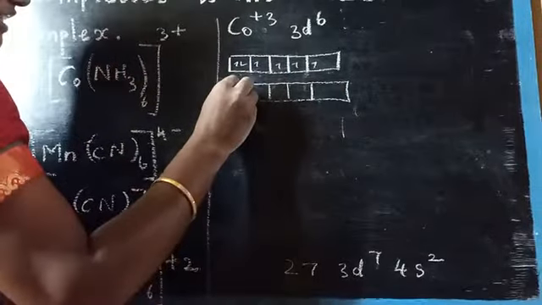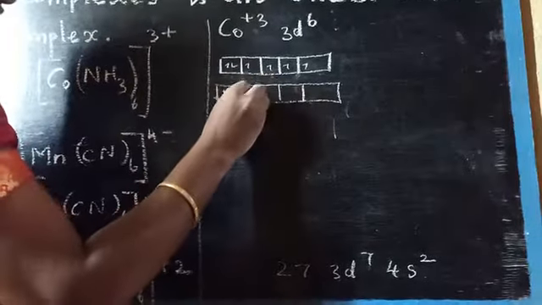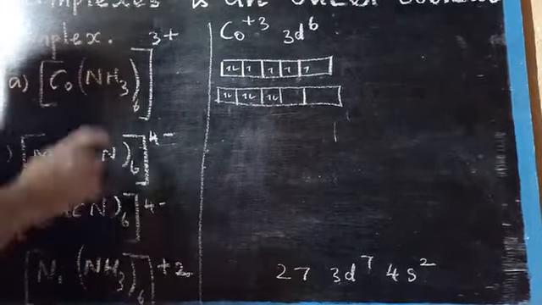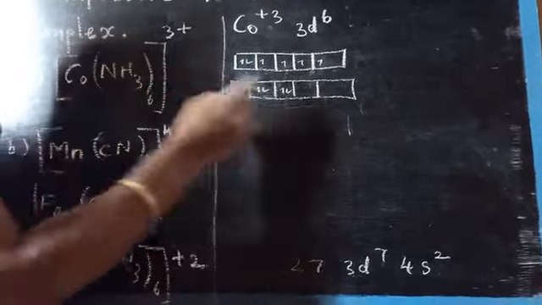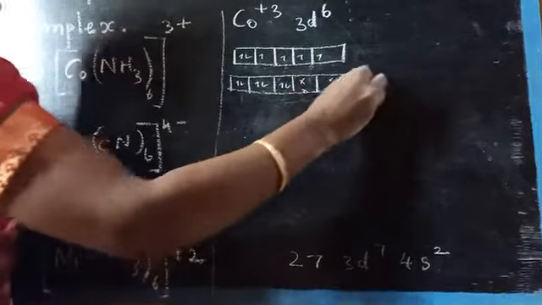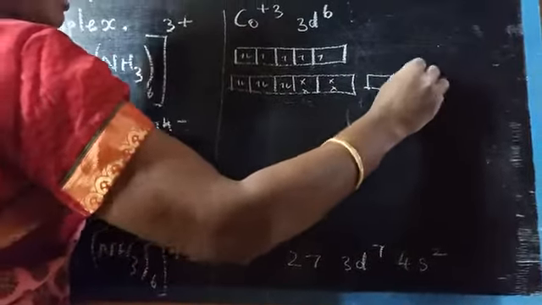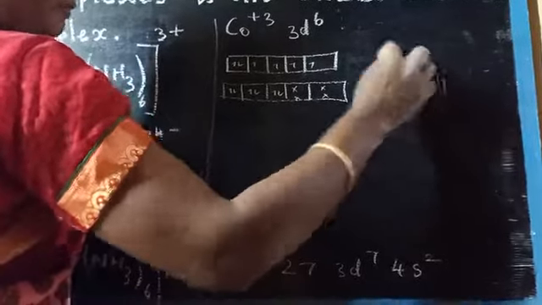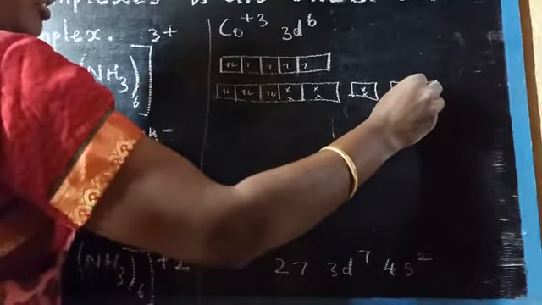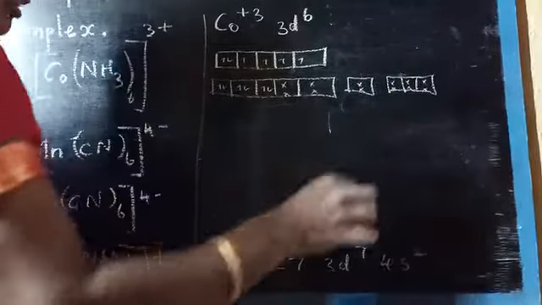Okay, so already this one is paired. So this electron is shifted here, this electron is shifted here. That's all. Now the NH3 ligand enters here. Okay, so d2, next 1 s orbital, 3 p orbital. The NH3 ligand electrons.